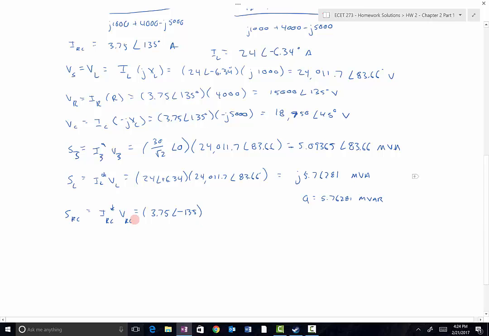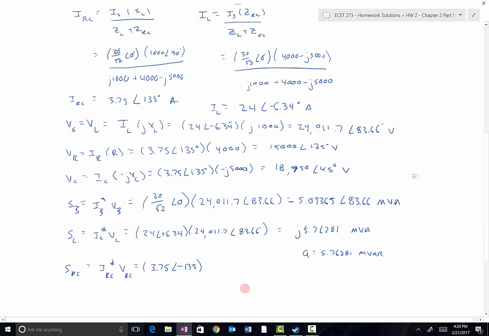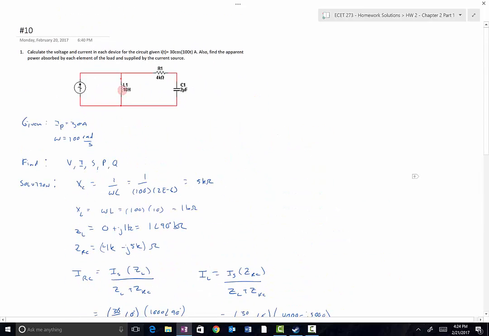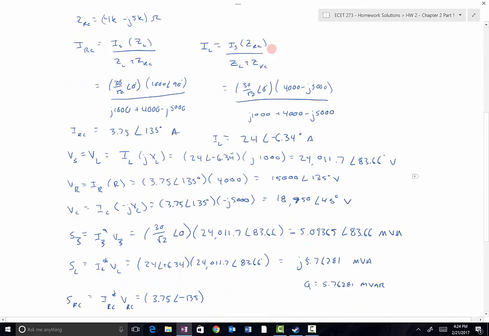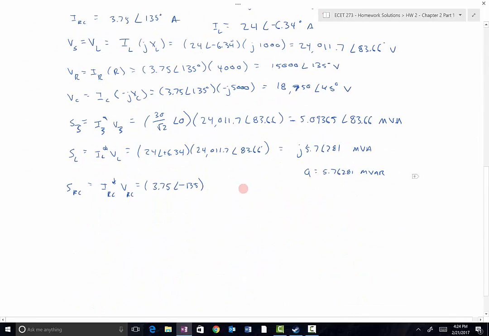And then the voltage across the RC branch, since the RC branch is in parallel with the inductor and in parallel with the voltage source, is 24,011.7 at angle 83.66 degrees.